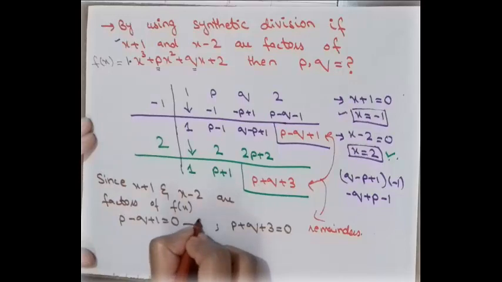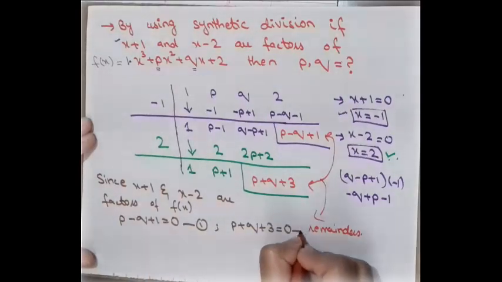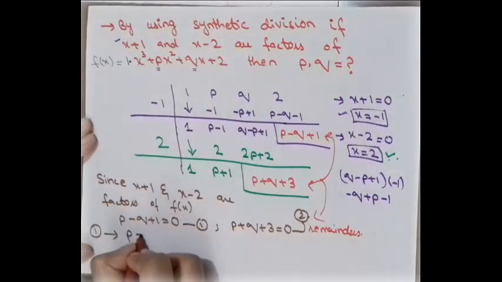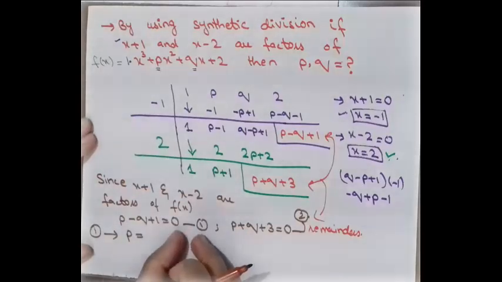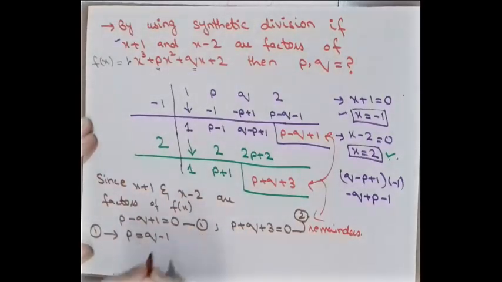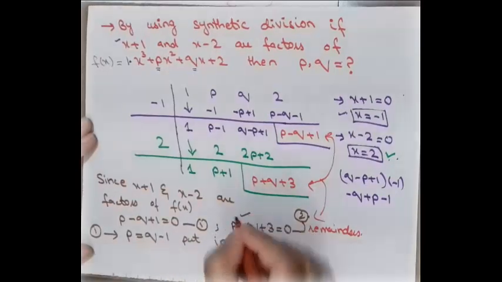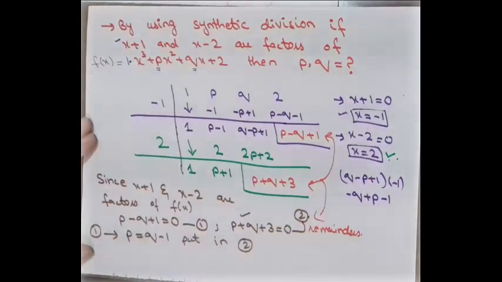Suppose this is the first equation and this is the second equation. From the first equation, if we find the value of p, moving these two terms to the other side, it will be q minus 1, and put this value of p in the second equation. So we will get q minus 1 plus q plus 3 equals 0.